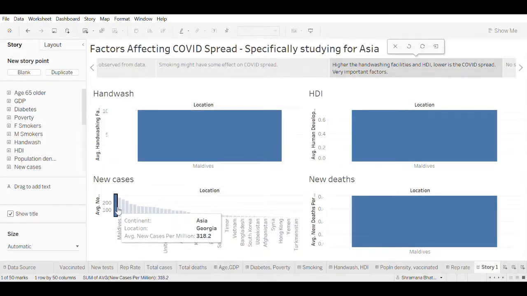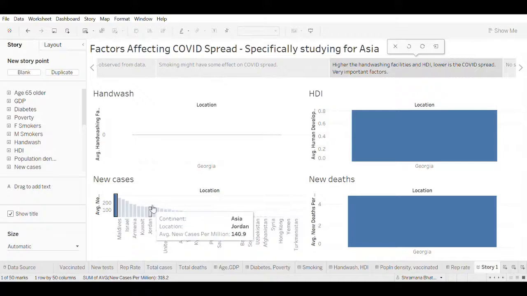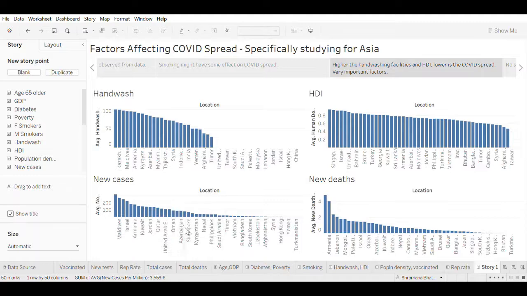Can I check for India? I'm just curious. It's difficult to find India. India was around 20 something. I just missed it.